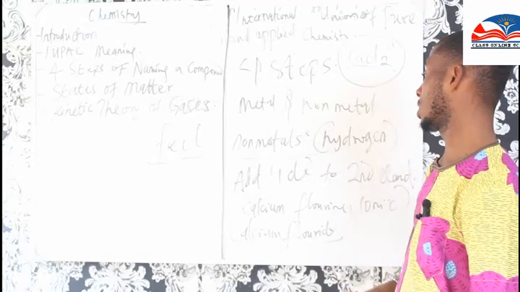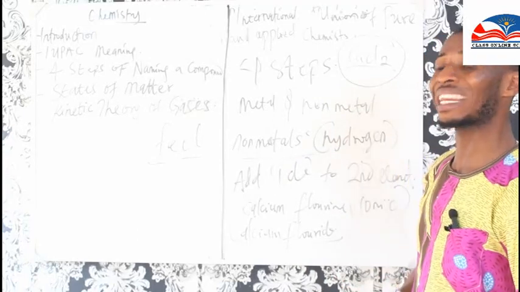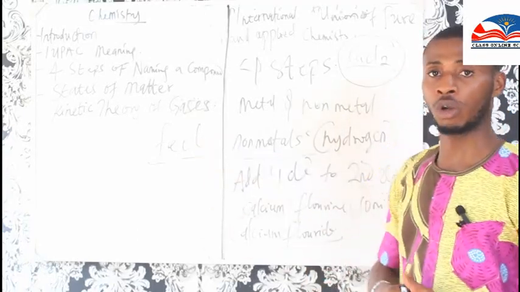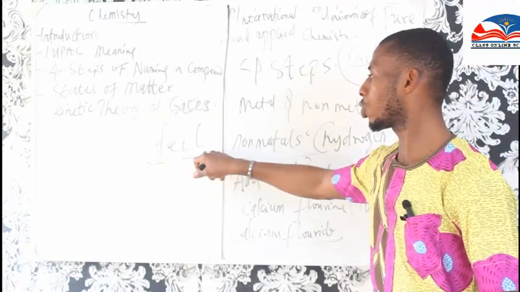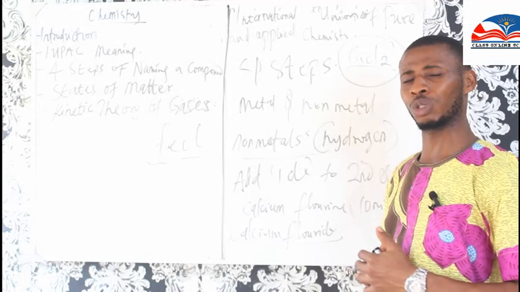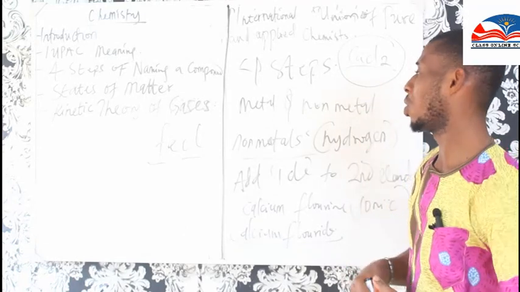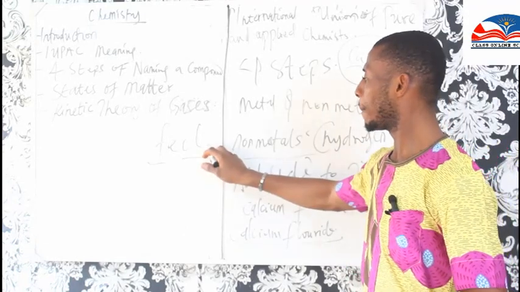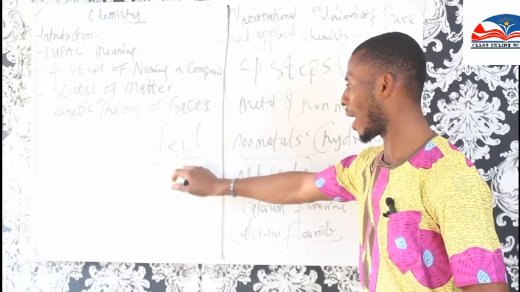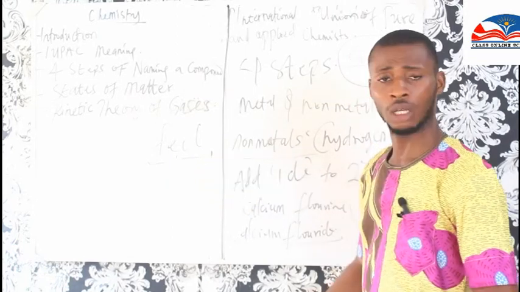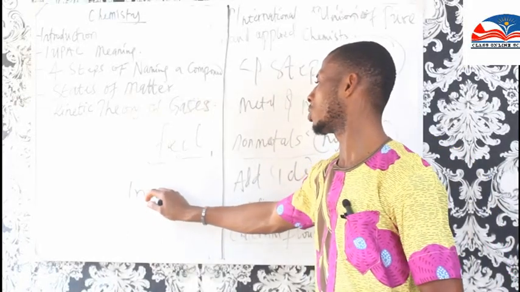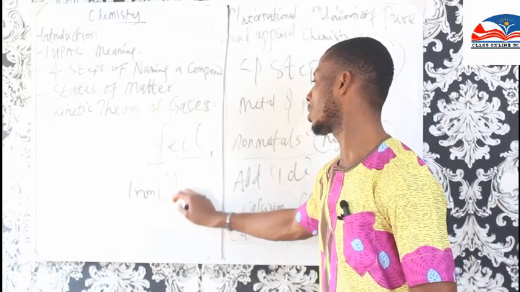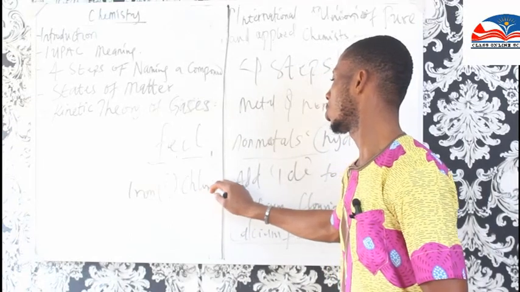Normally, the second law said that we should add IDE to the second element, so iron chloride, but that is not what we need. Iron has 1, chlorine has 1. Are we following? So what we do now is write iron(I) chloride.